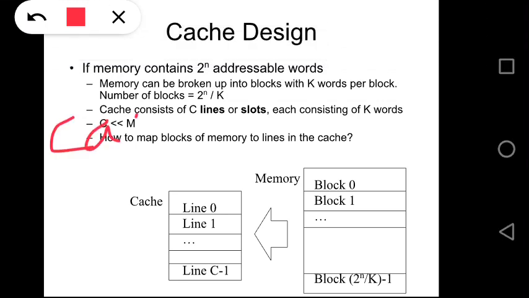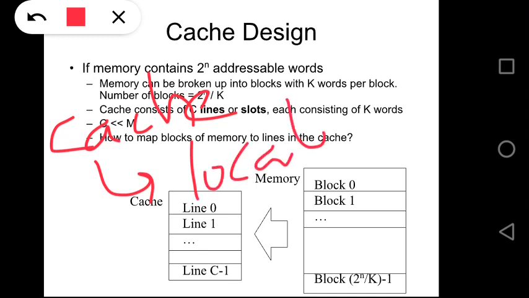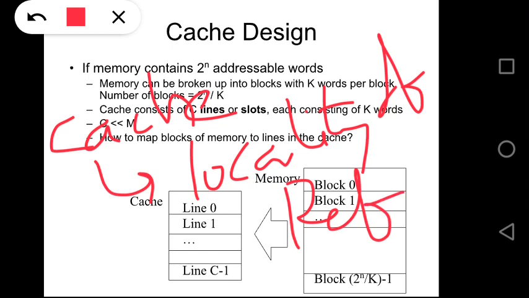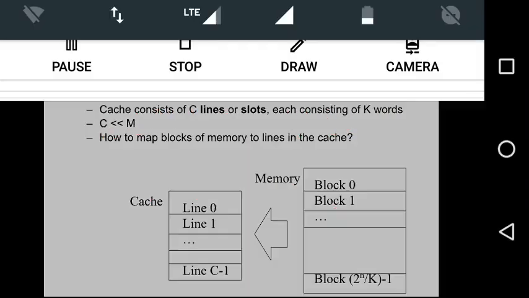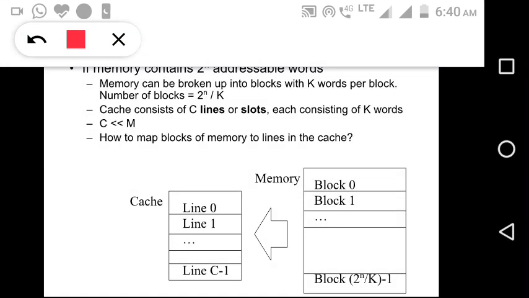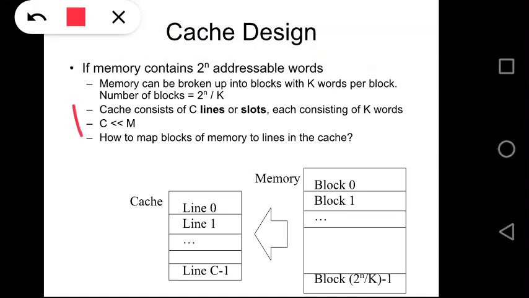So the cache follows the principle of locality of reference, and locality of reference is of two types. One is temporal locality of reference.